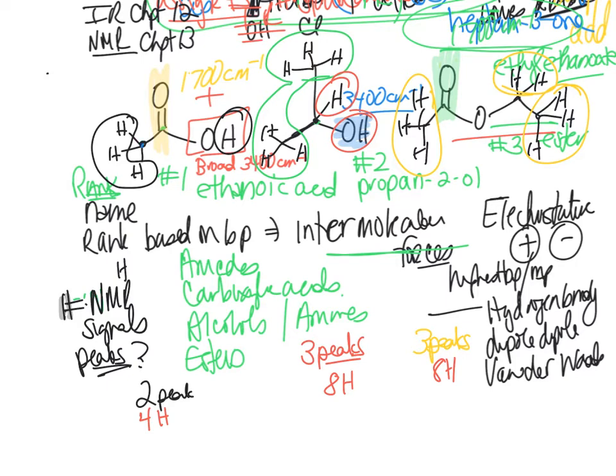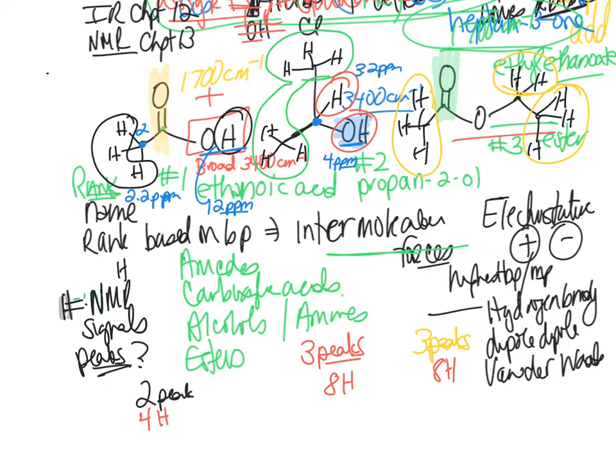Well, if you're a hydrogen alpha to a carbonyl, you're going to show up around 2.2 ppm. If you're a carboxylic acid hydrogen, you're going to show up about 12 ppm. It's pretty far up the spectra. Over here, the hydrogen on the oxygen is going to show up about 4 ppm. The hydrogens on the carbons connected to the oxygen will show up around 3.2 ppm.